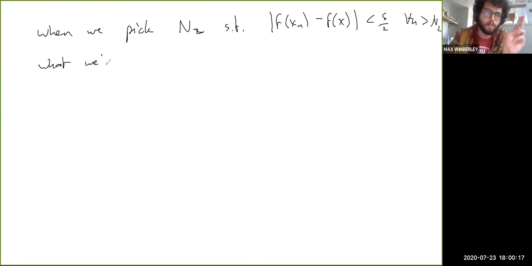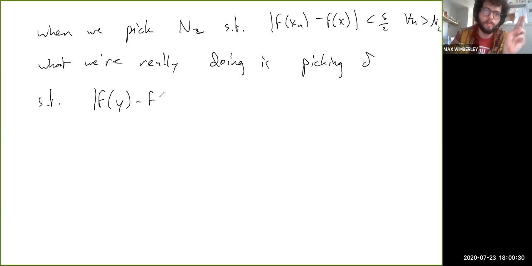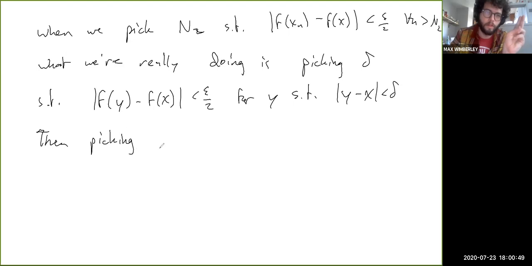is what we're really doing: picking delta such that the absolute value of f of y minus f of x is less than epsilon over 2 for y such that the absolute value of y minus x is less than delta, then picking n2 such that the absolute value of xn minus x is less than delta for n greater than n2, right?